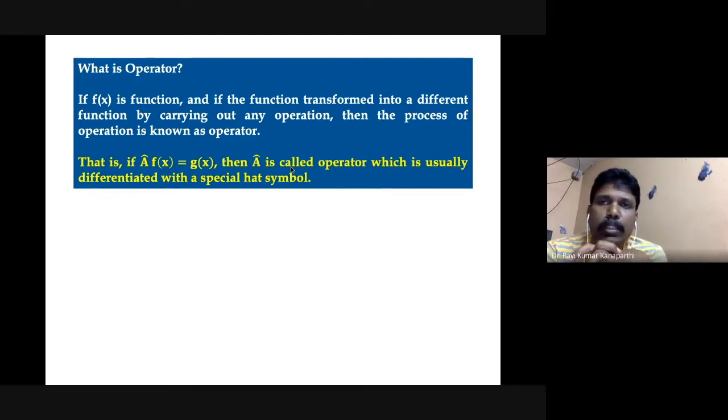If you want to represent an operator in quantum mechanics, we put a hat on it. Because it acts on a function, and as a result the function transforms into a new function, we treat the operator in a special way.